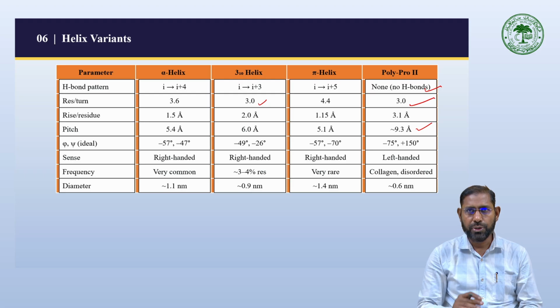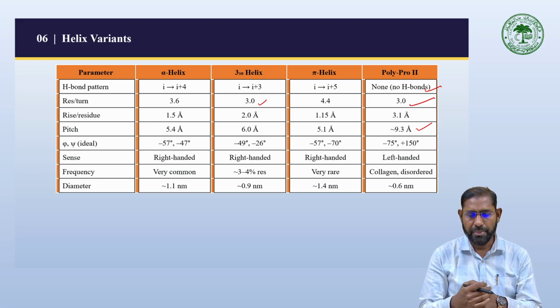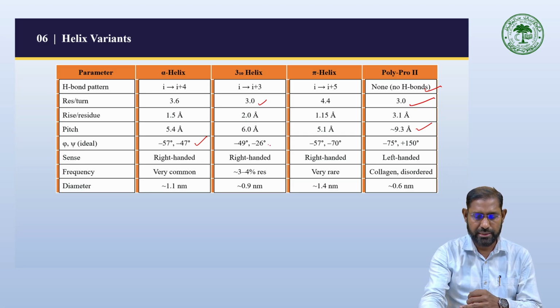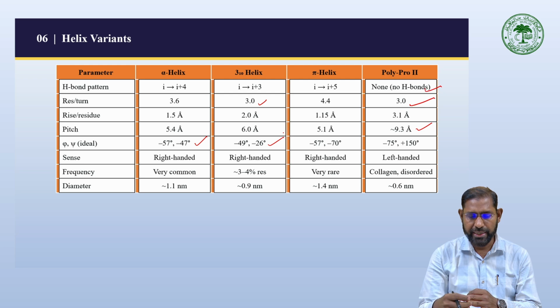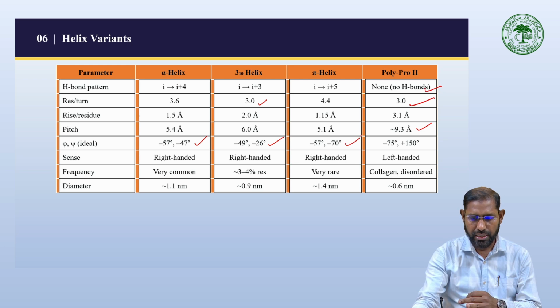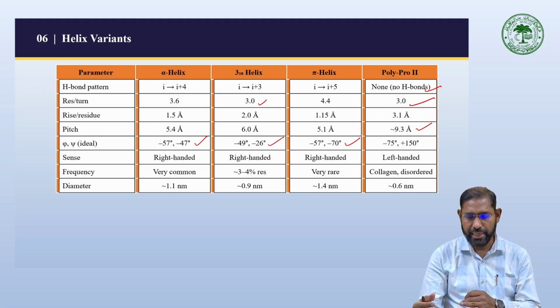For the ideal rotation, the torsion angles phi and psi: -57 for phi and -47 for psi in the alpha helix, -49 phi and -26 psi for the 310 helix, then -57 phi and -70 psi for the pi helix, then -75 phi and 150 psi for polyproline.